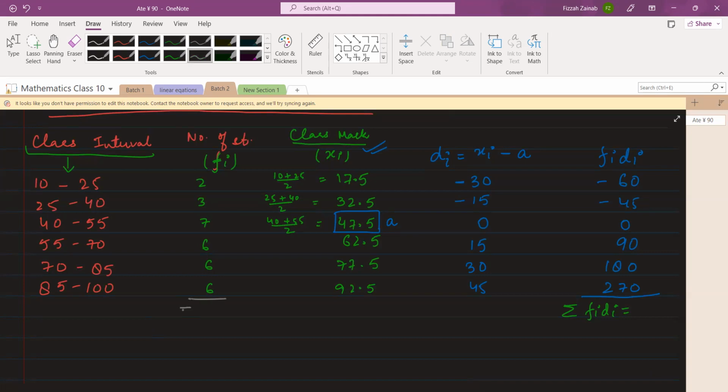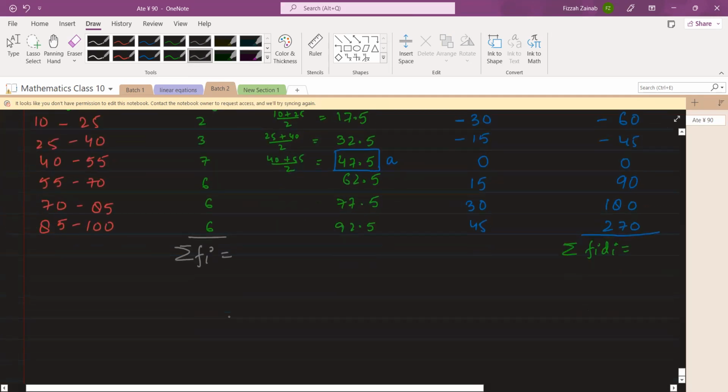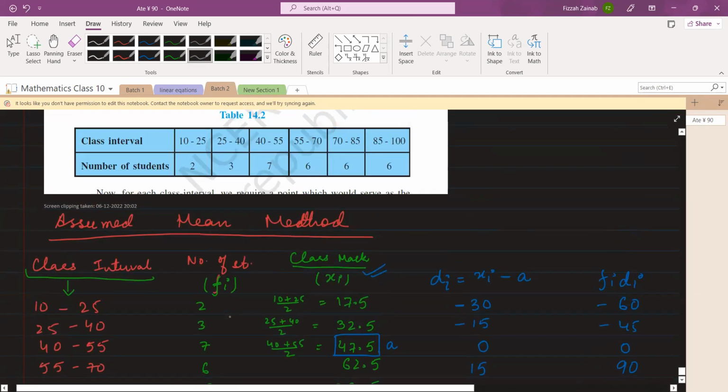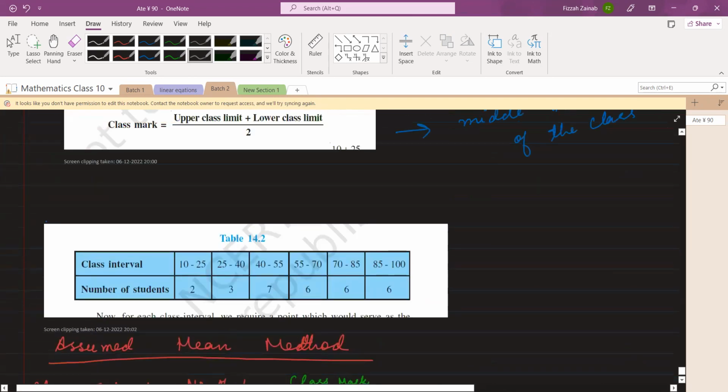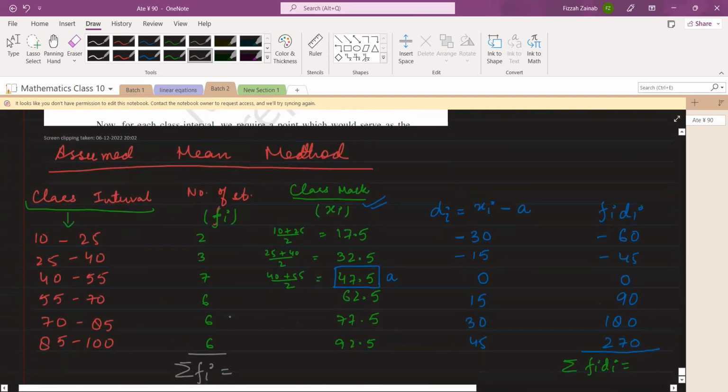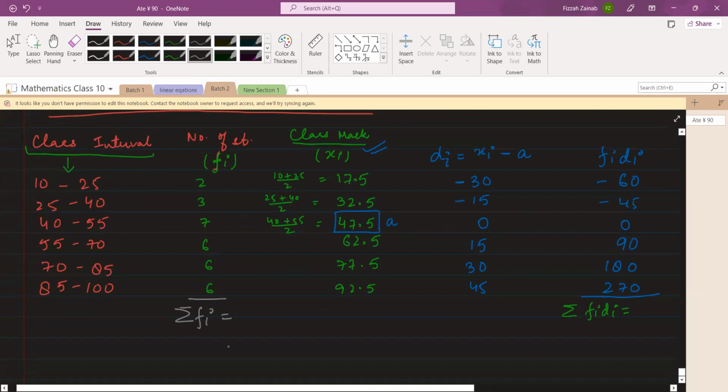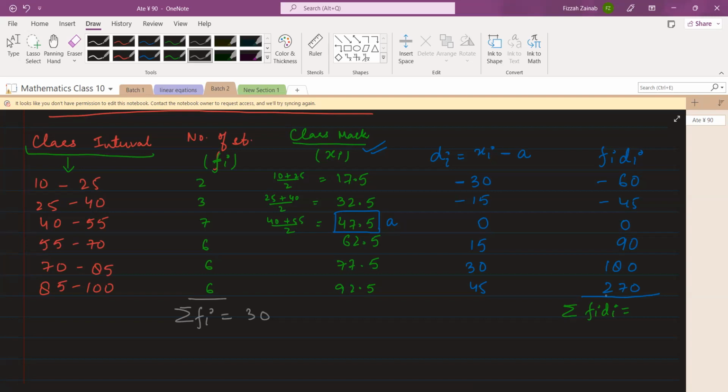You always have to do this: summation of Fi you need in all the methods. So this is actually part of the question. How many students are there? Sorry, I didn't copy that part, so you have to edit. It will give you 30. So your summation of FiDi will be 435, if you do this addition. Understood?